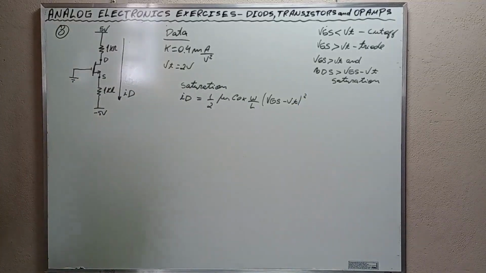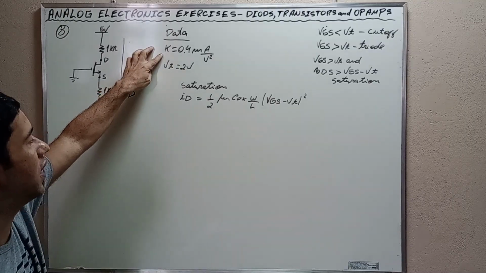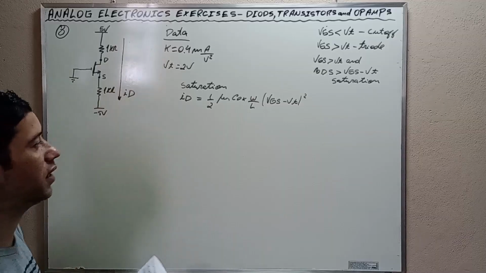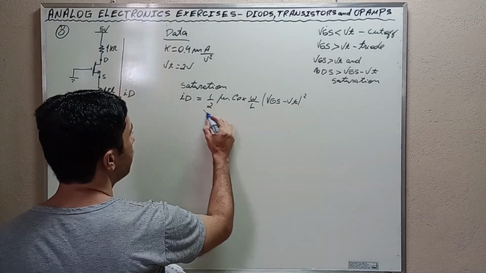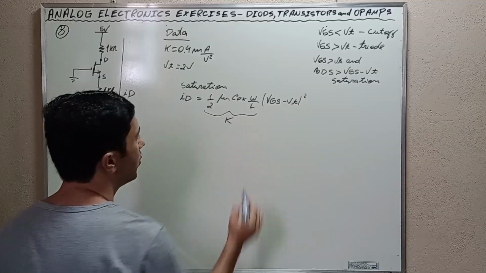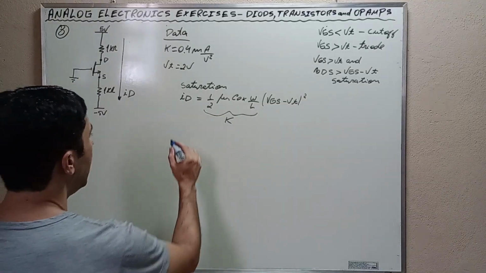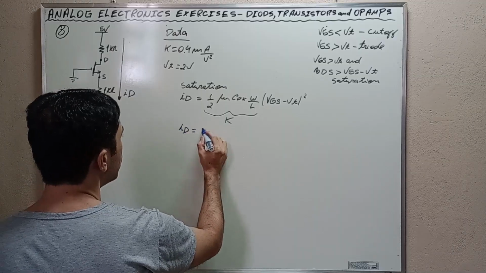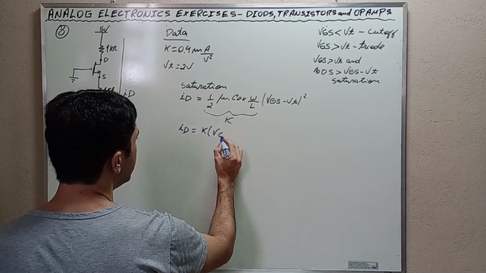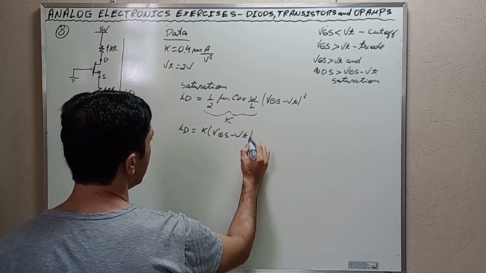This is the expression for the drain current when the device is in saturation. The exercise wants us to use K, and K is going to replace all this. Then the expression becomes ID is equal to K times VGS minus VT squared.